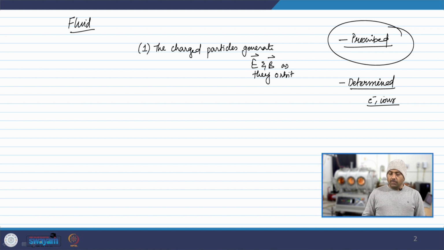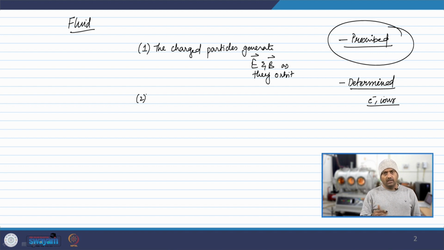We are trying to build a self-consistent picture for plasma and we are moving away from the prescribed electromagnetic fields and we are trying to understand how the electromagnetic fields are determined in a self-consistent way. Okay. So, the first one is the charged particles, of course, they generate electric and magnetic fields as they orbit.